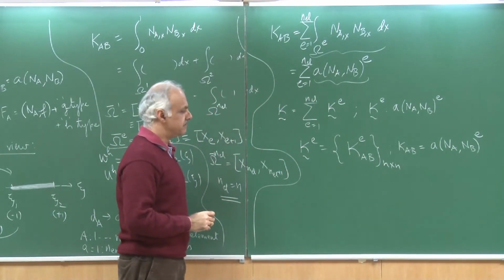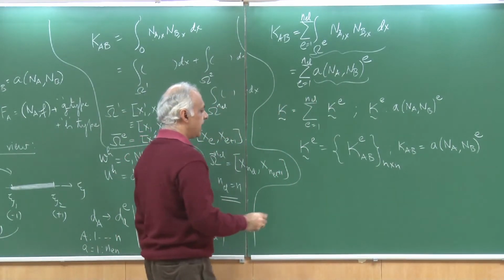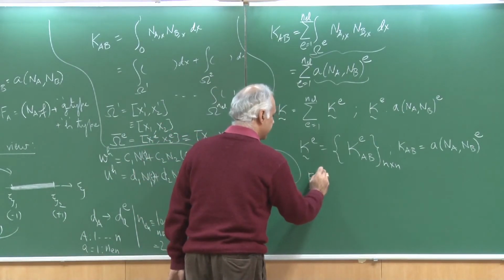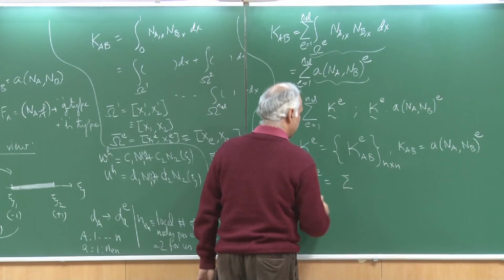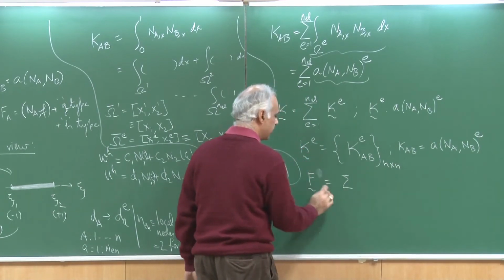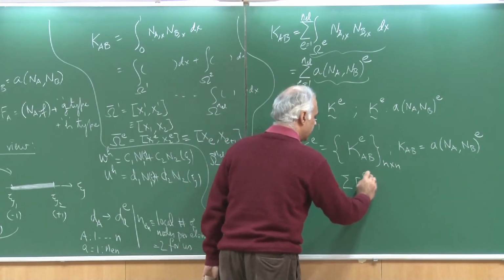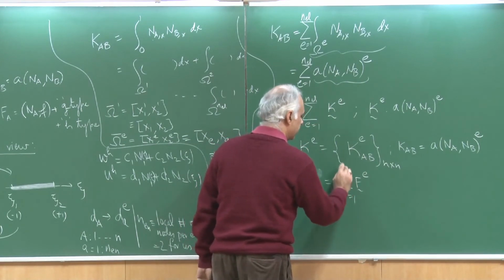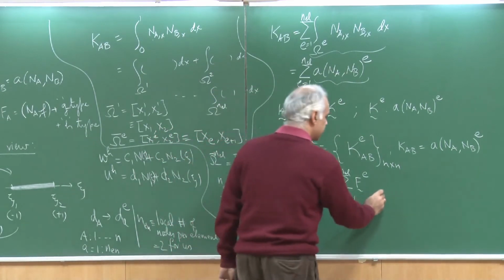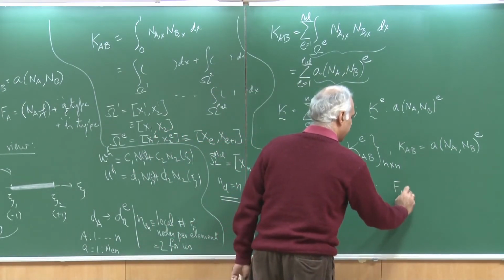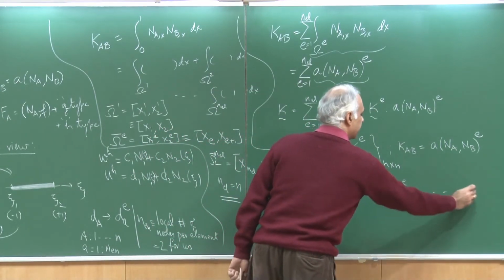And likewise, I can propose that my F is going to be a summation of all these Fes, and E goes from 1 to NEL. And I can now write down the expression for FaE as we had done in the last class.